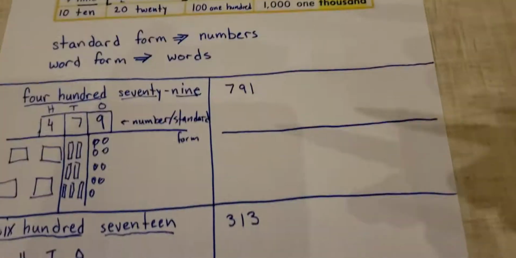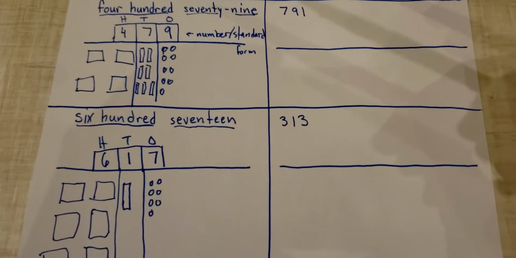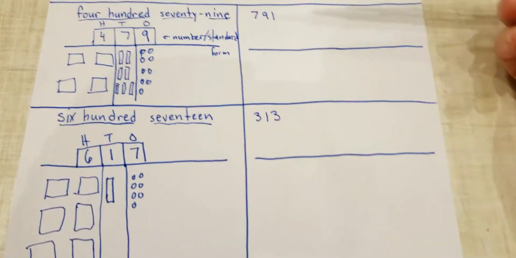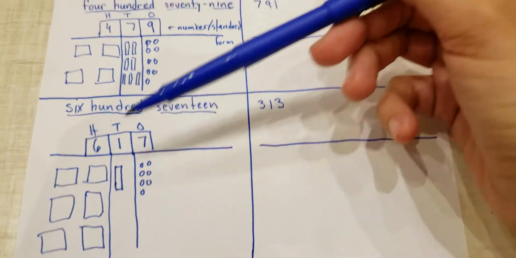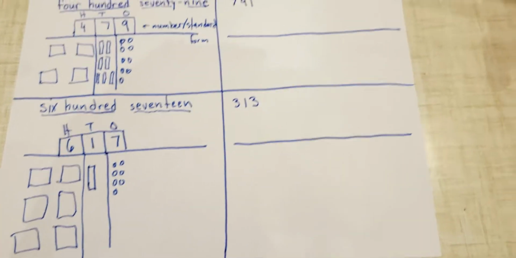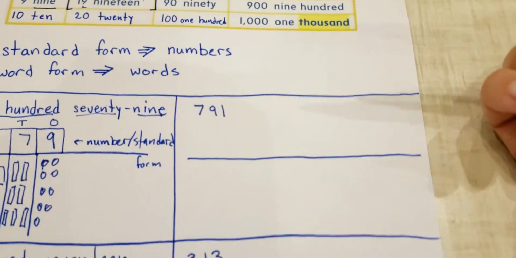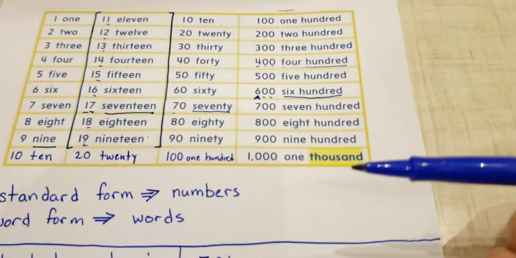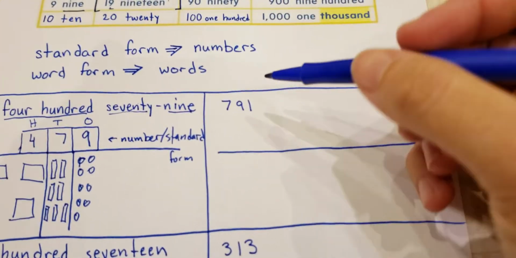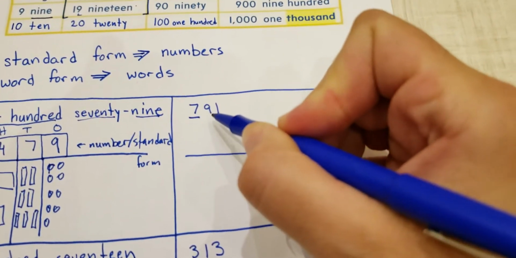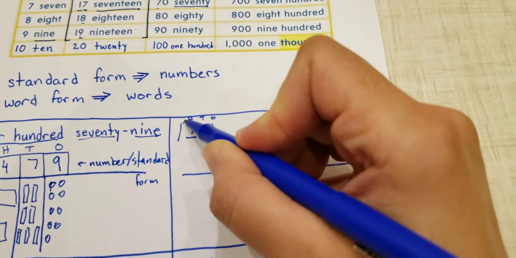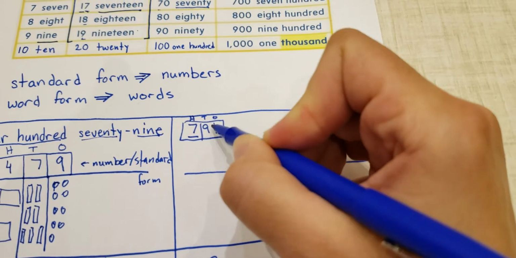Let's start with this. All right, now we know how to change the word form to the standard form. And I showed you in base 10 block drawings. Let's take a look at this number, 791, to make it into the word form, okay? If we look up at our chart, the first digit here in the hundreds place is a 7, okay? Same idea, hundreds, tens, ones, okay?